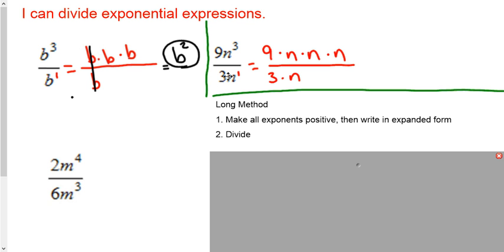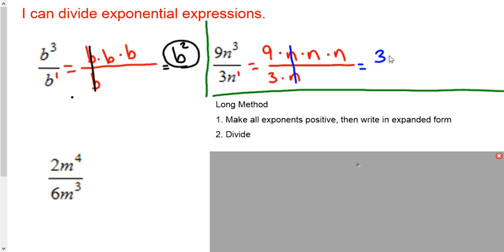And so now that we've made sure that we have all positive exponents, we've expanded it, we can go through and divide. Well, what is 9 divided by 3? Well, it's 3.